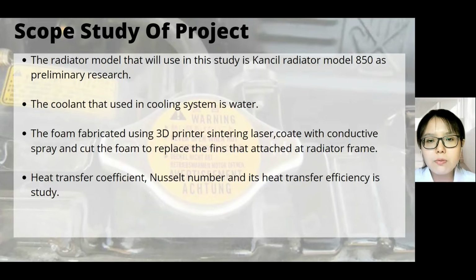The foam is fabricated using a 3D printer with laser sintering, coated with conductive spray, and cut into pieces to replace the fins attached to the radiator frame. Lastly, the heat transfer coefficient, Nusselt number, and heat transfer efficiency will be studied in this project.